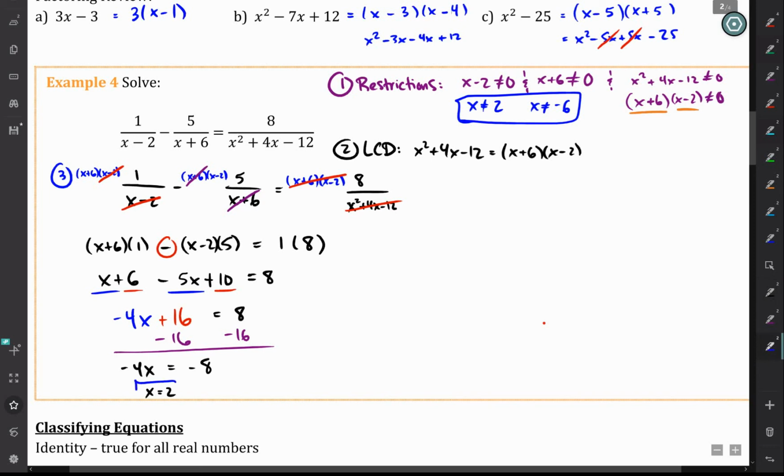Alright, so x equals 2 should be my solution, and there's only one problem. So this is my possible solution. But there's one problem, and that is that if you remember, our restrictions were that x could not be 2 and x could not be negative 6. So since the only possible solution was x equals 2, we actually get that there are no solutions to this rational equation.